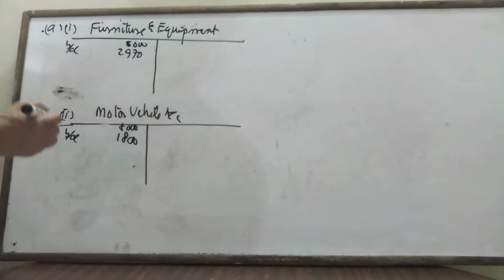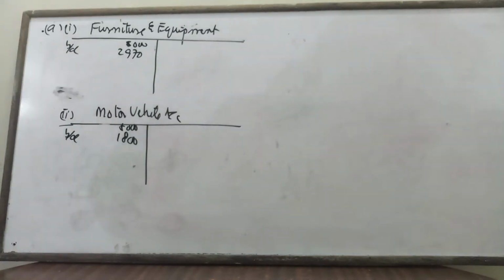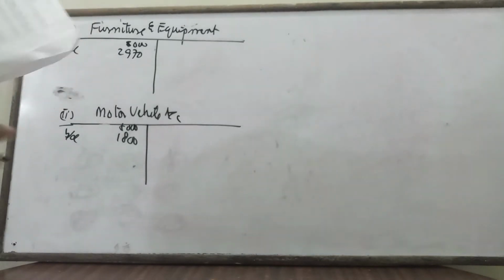Now turn your page. On 1st June 2008, one equipment was purchased. All this information is given in point number 1.